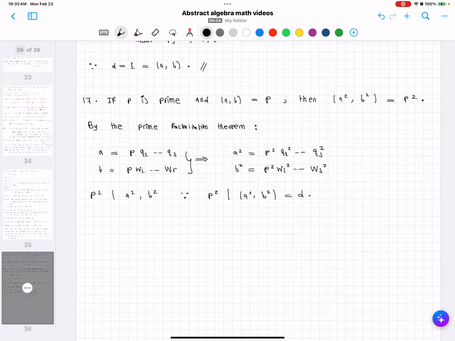So the remark is that we have written the prime factorization of A and B from star, and the prime factorization of A squared and B squared.